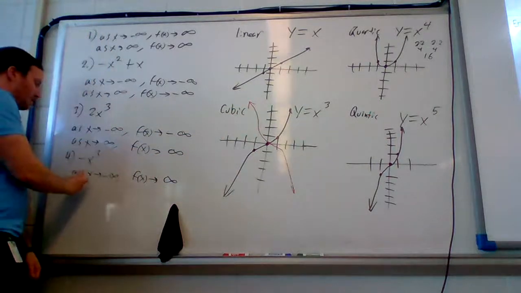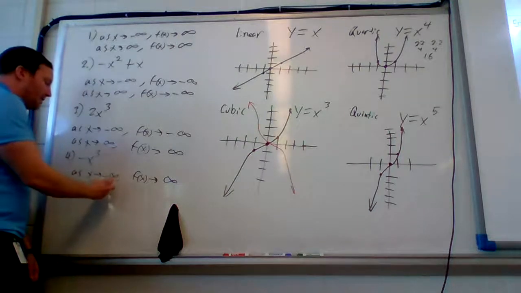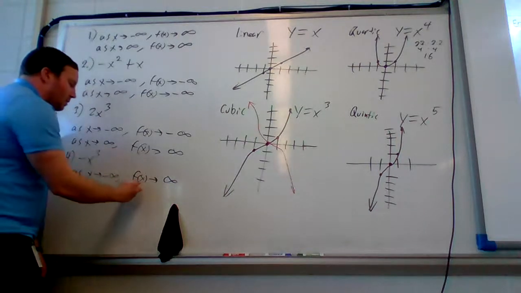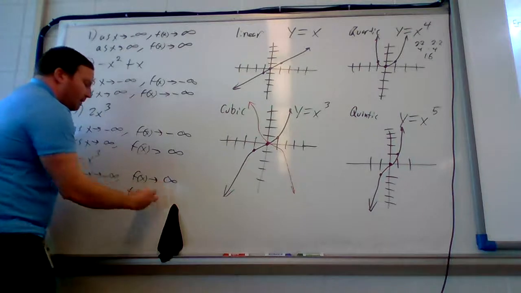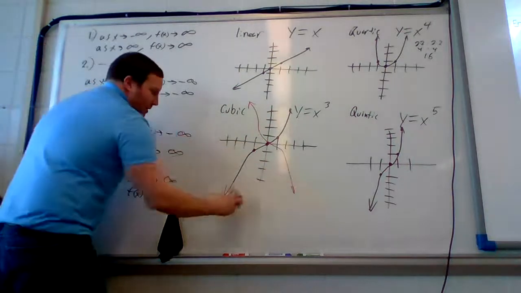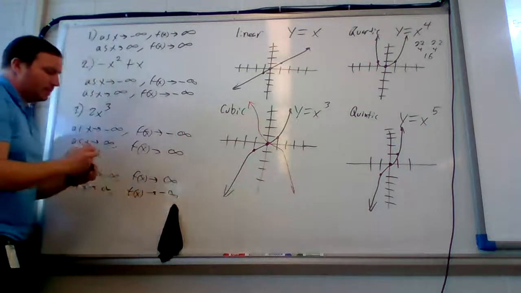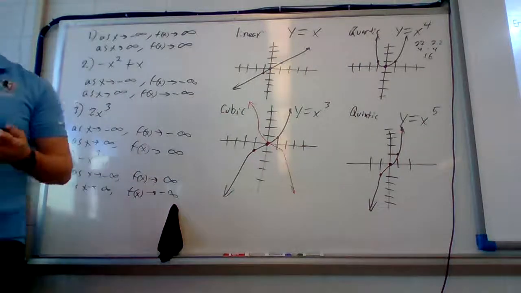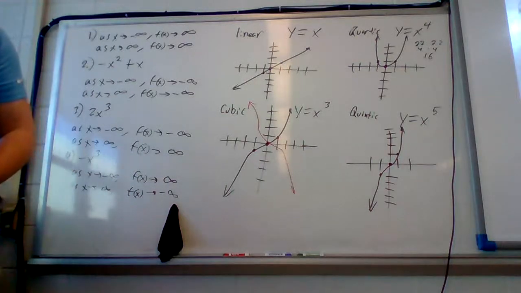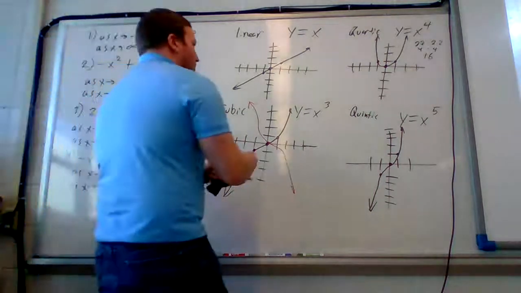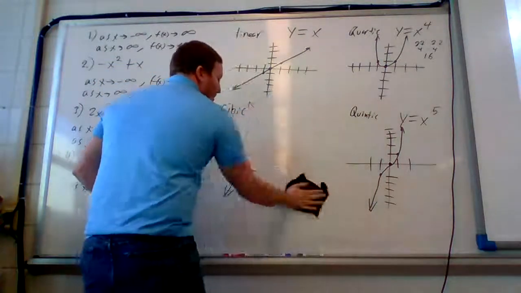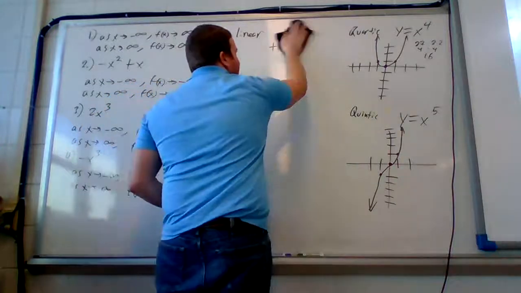So that means as x approaches positive infinity, f of x is going to approach negative infinity. Okay? And our table at the bottom shows that. Right? So anytime we can use this table to think about it or to answer that question for us.